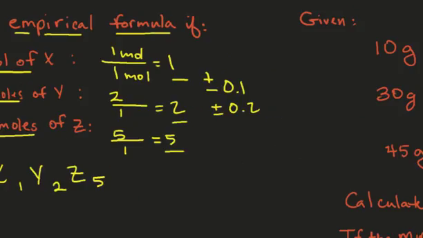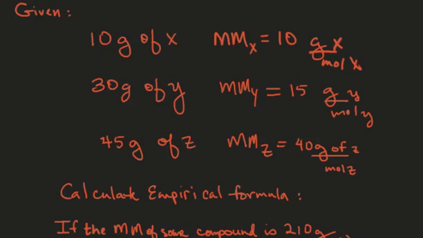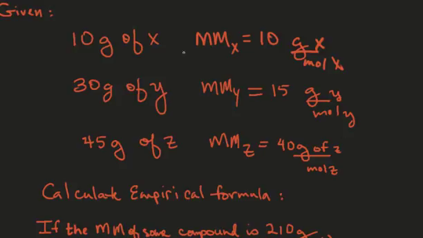All right, moving on. So here we have a problem in which you're given grams and molar masses. Well, the only additional step between what we did before and what we're doing now is to find the moles.